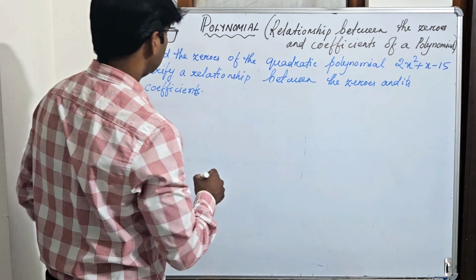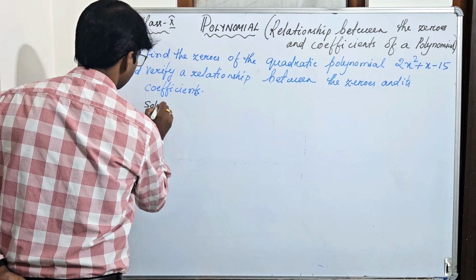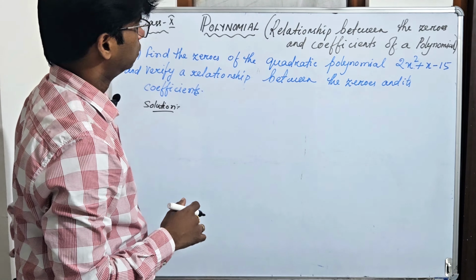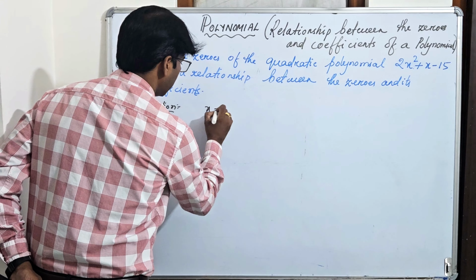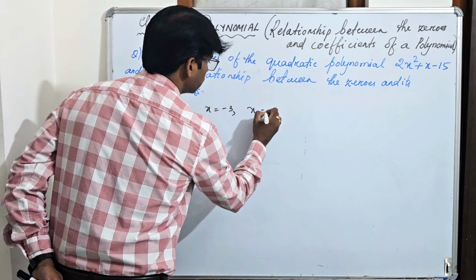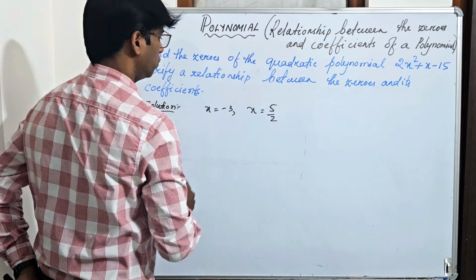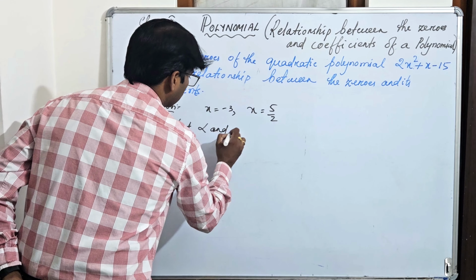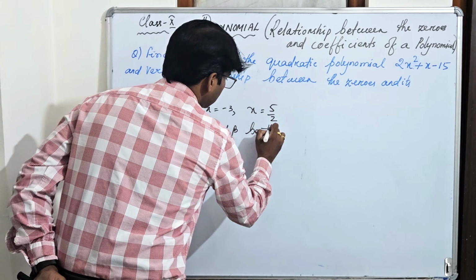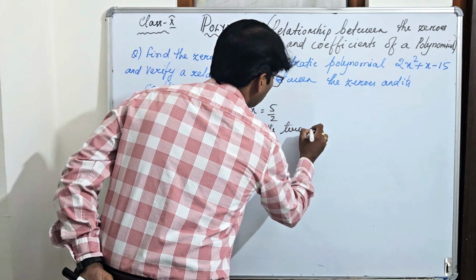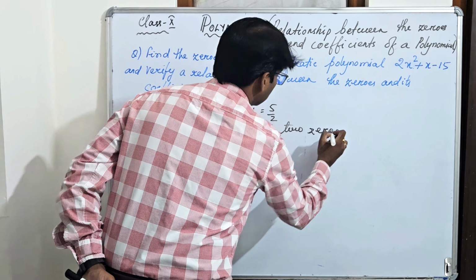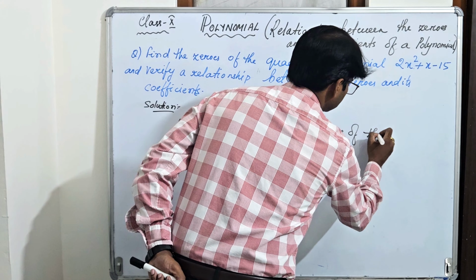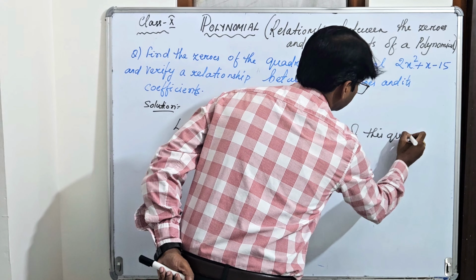So see, after erasing, the next phase of the solution, what is that? We know x is equal to minus 3 was one zero and x is equal to 5 by 2 was another zero. So let alpha and beta be the two zeros of this quadratic polynomial.